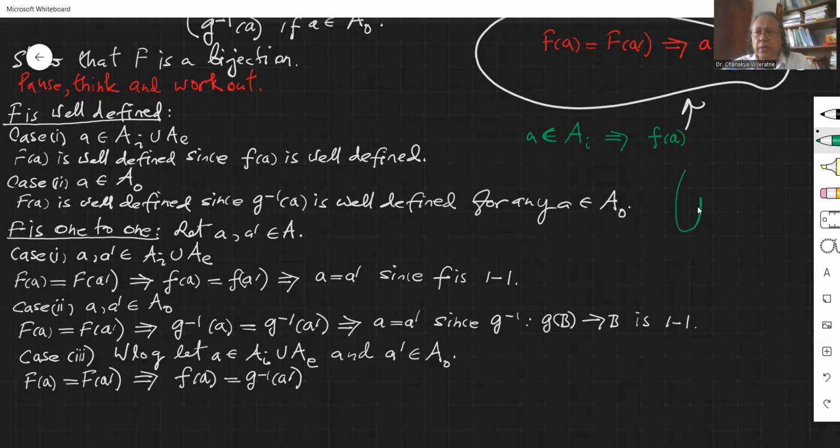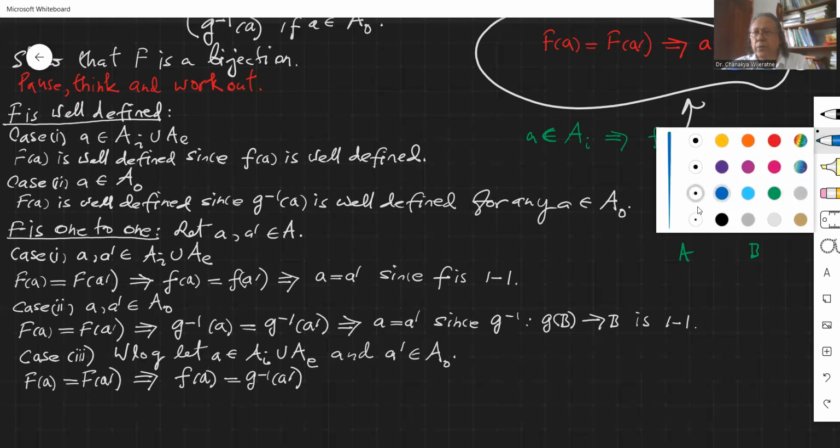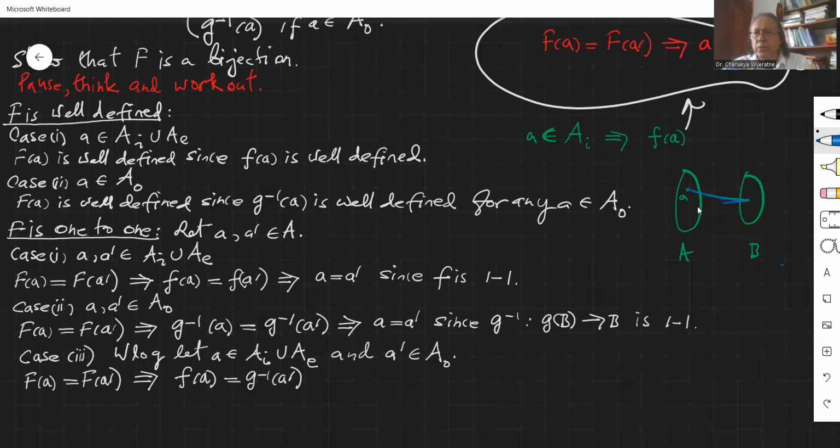We have this A and B. A is an element in AI, and since it is in AI, this goes forever.